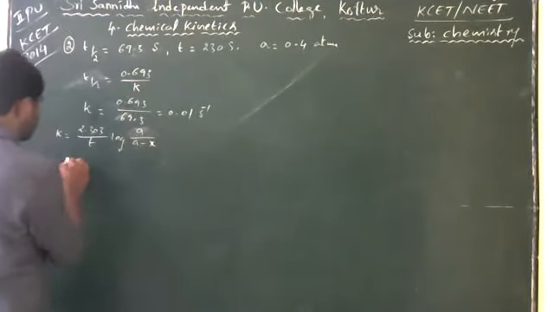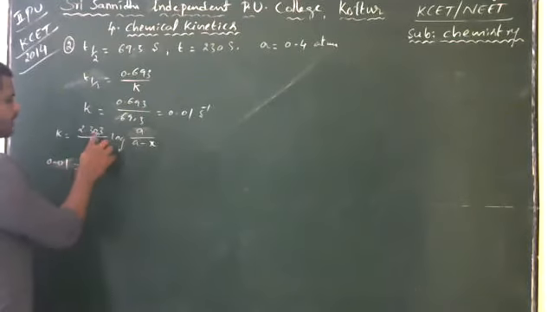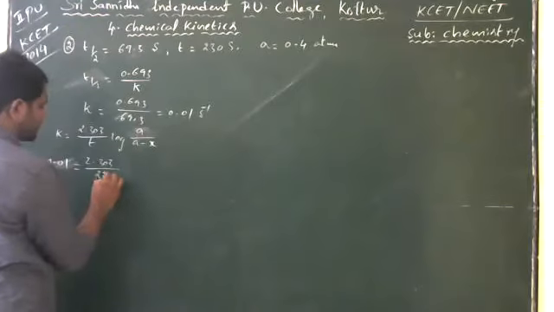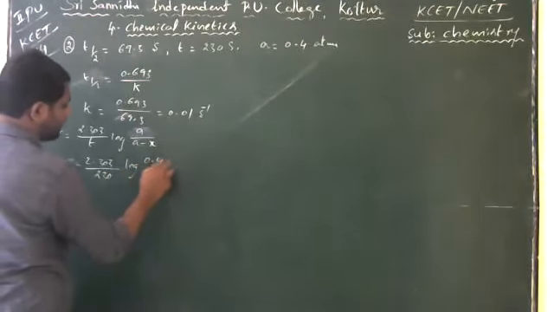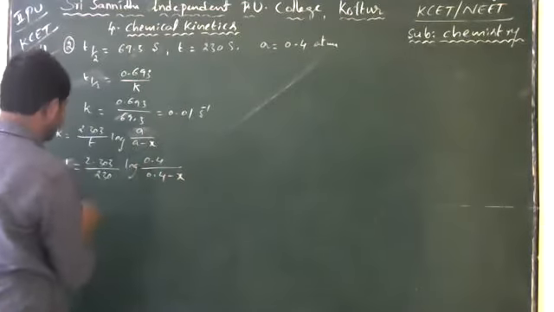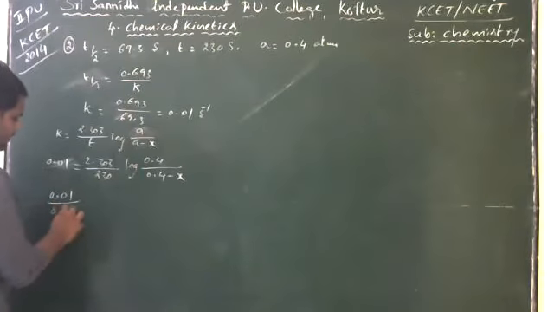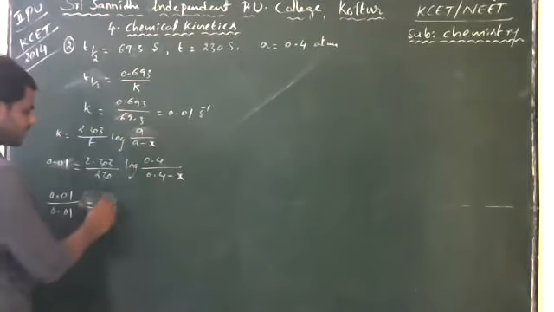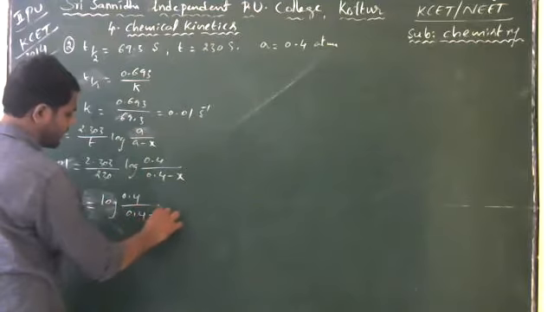So 0.01 is equal to 2.303 by 230 into log of 0.4 divided by 0.4 minus X. Dividing, we get log 0.4 divided by 0.4 minus X.